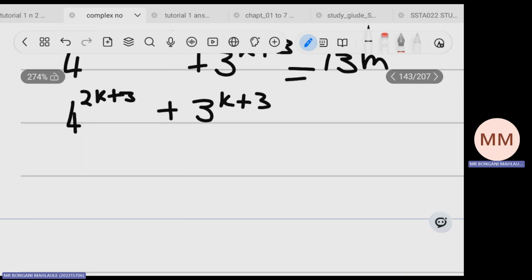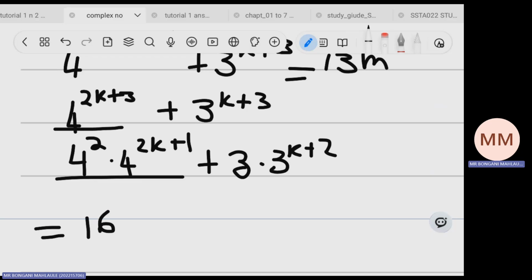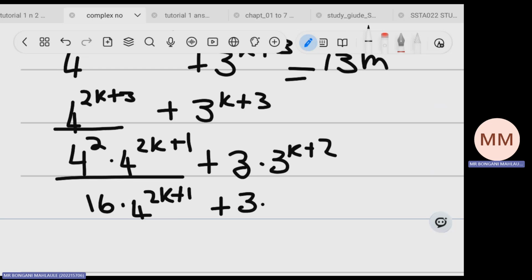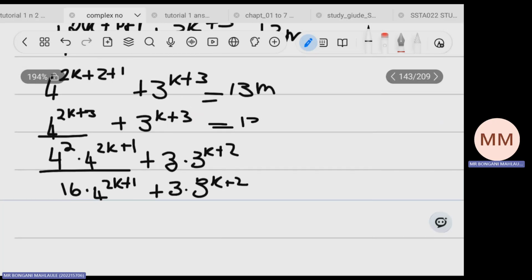And this will be the same as 4 to the exponent 2, 4^(2k+1). So this is the same as that plus 3 times 3^(k+2). This will be 16, you'll have that. Then I can say, remember we still have our 13m.